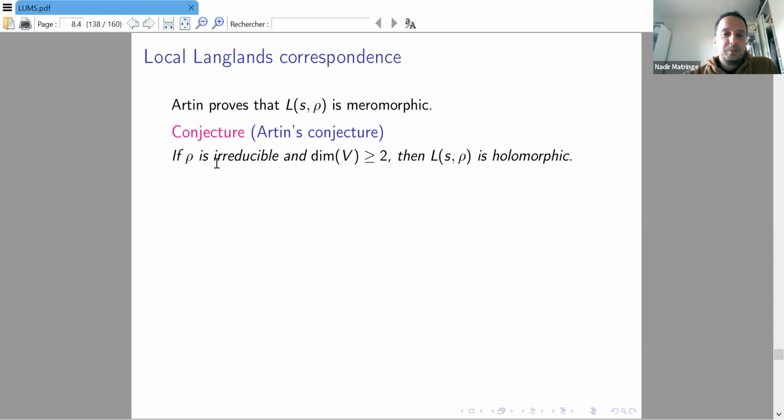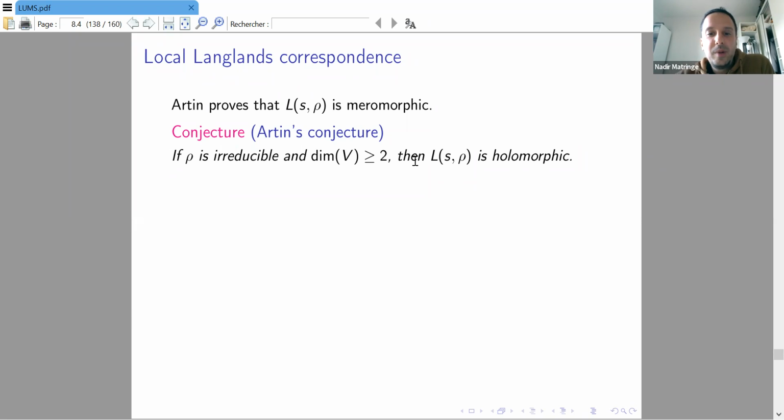Maybe I'll say a quick word about being irreducible. So you have your group G acting on your vector space V, and the fact that rho is irreducible means that the stable subspaces inside V under the action of G are only 0 and V itself, which are obviously stable. So suppose you have an irreducible representation of dimension at least equal to 2, then L(s, rho) should be holomorphic.